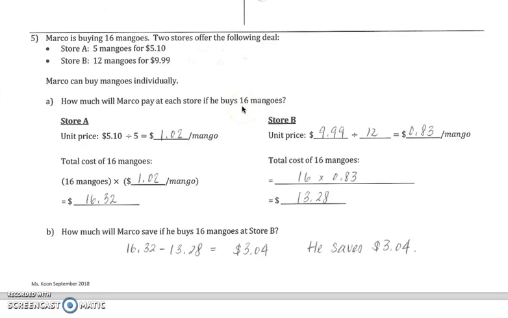Well, in order for us to compare the price of 16 mangoes from each store, it might be a good idea to first figure out how much it costs to buy one mango. What is that called again? Right, that's the unit rate, a unit price.